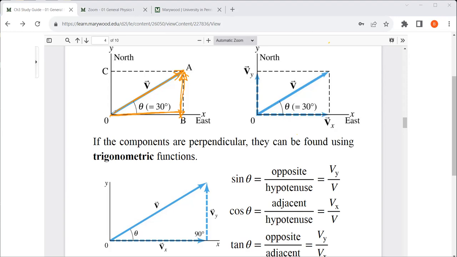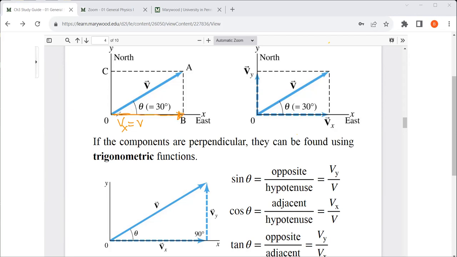Now once you have a clear picture of how to break a vector, we can write the mathematical equation. That will be easy. Of course you need to know the trigonometric part. All right, I believe you have a clear picture now. So here this is v, so vx is basically this one, right?